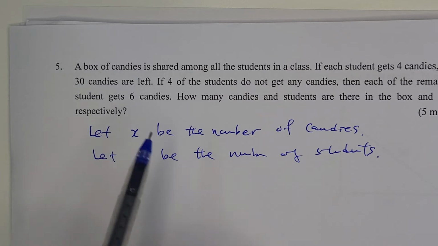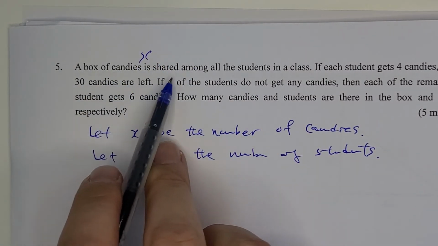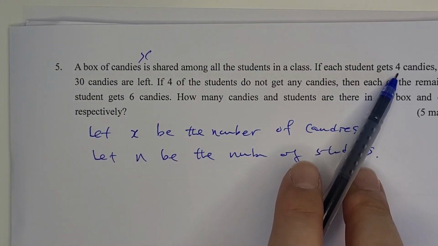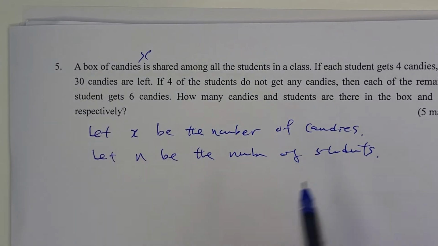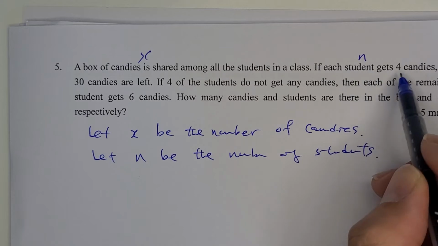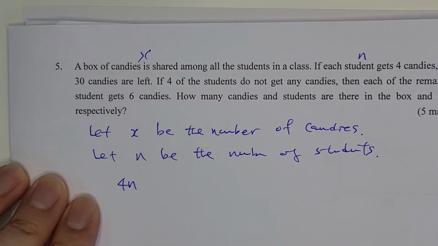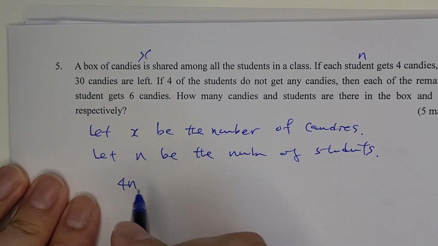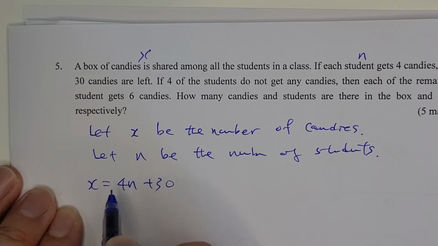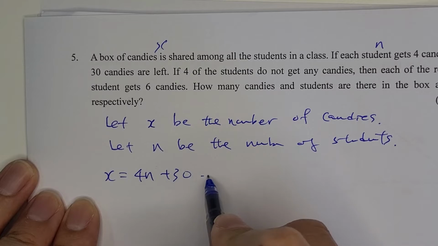First equation, look at the first statement. x is shared among all students, okay? If each of the students gets 4 candies, then 30 candies are left. That means 1 student gets 4 candies, n students get 4n candies. You have 30 candies left. So the total number of candies, x, will be 4n plus 30. That's equation 1.